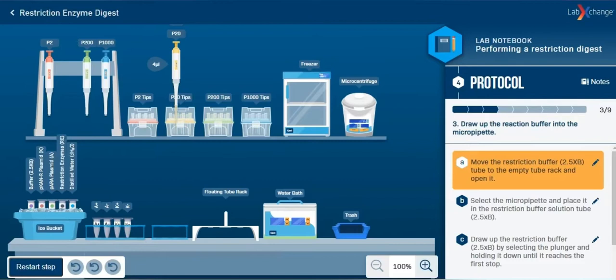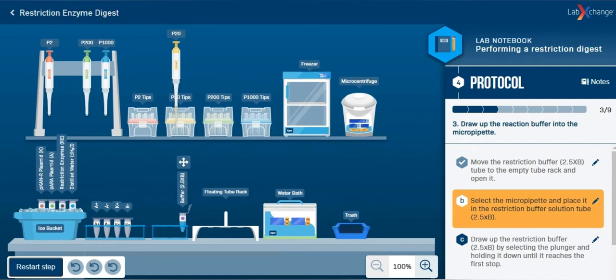Next step is draw up the restriction buffer into the micropipette. Move the restriction buffer 2.5xP tube to the empty tube rack and open it. And then select the micropipette and place it in the restriction buffer solution tube.